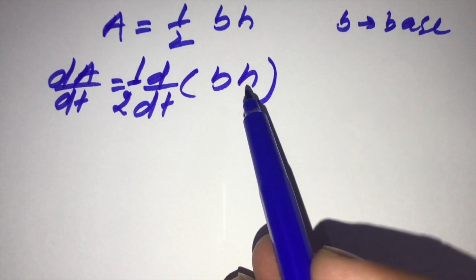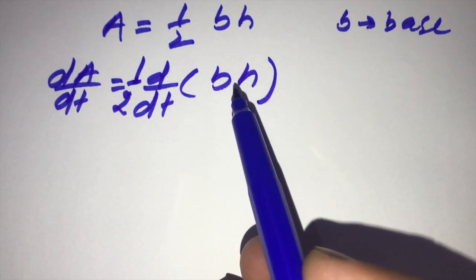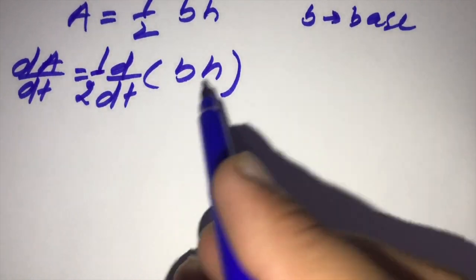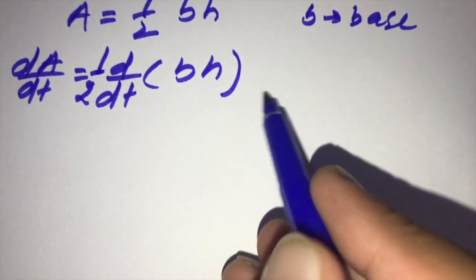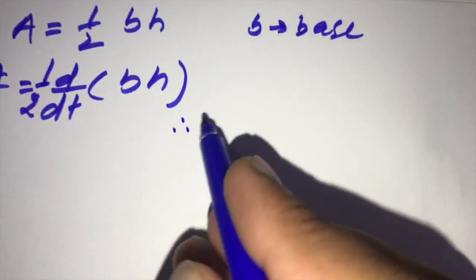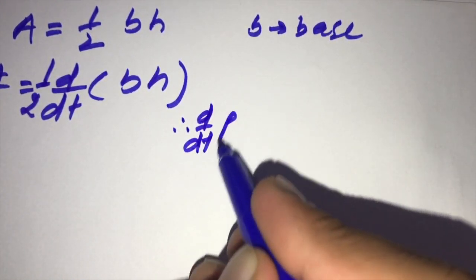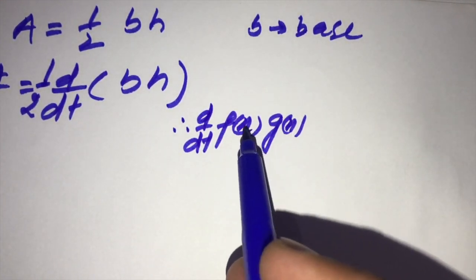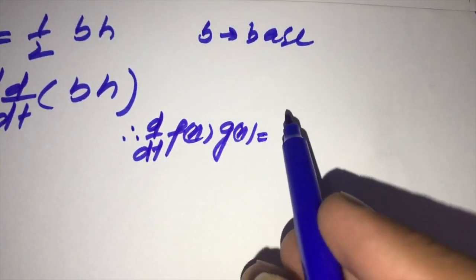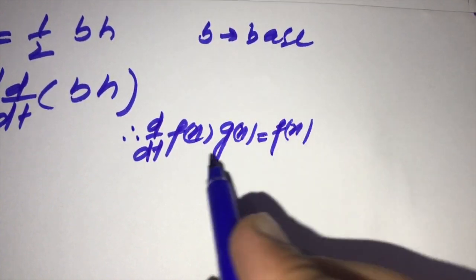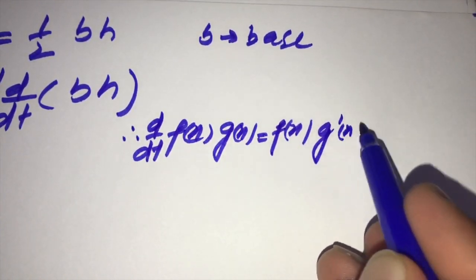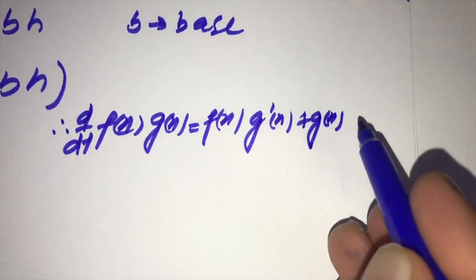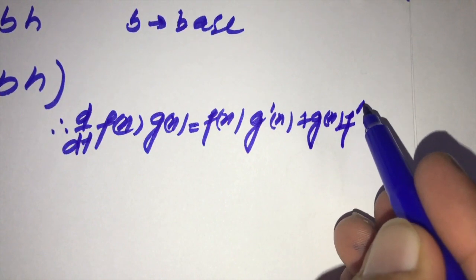As B and H both are variable, we apply the product rule of derivative. The product rule of derivative is d by dt of f of x and g of x, where f of x and g of x are two functions: f of x as it is and the derivative of g of x, and then g of x as it is and the derivative of f of x. This dash sign represents the derivative.